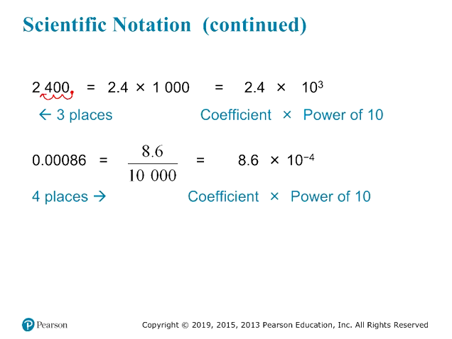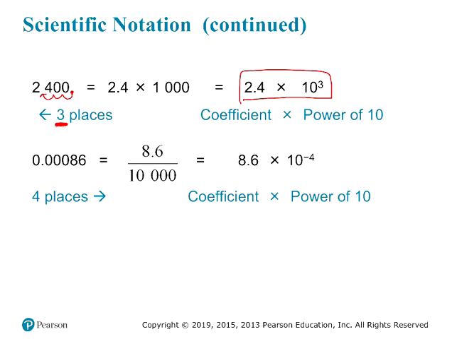So in this case, we had to move the decimal point 1, 2, 3 times in order to end up with a coefficient of 2.4. All right, so that tells us that we have a power of 3 on our power of 10. So we end up with the same thing we did before.